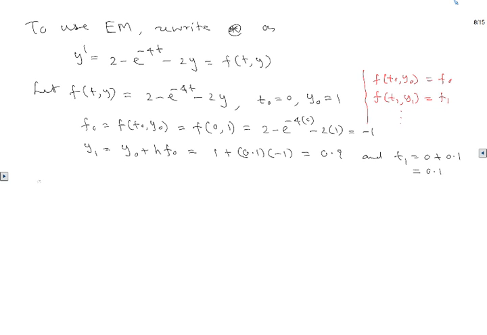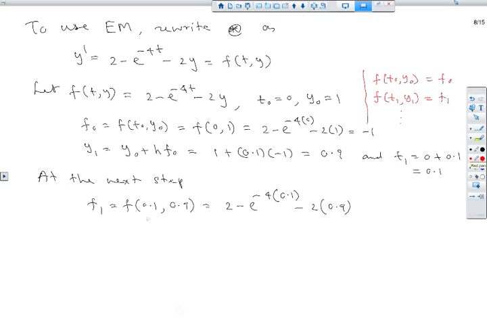At the next step, we can calculate f1, which is f(0.1, 0.9), so 2 minus e to the minus 4 times 0.1 minus 2 times 0.9, because these two are coming from the previous step, because we already calculated these two.